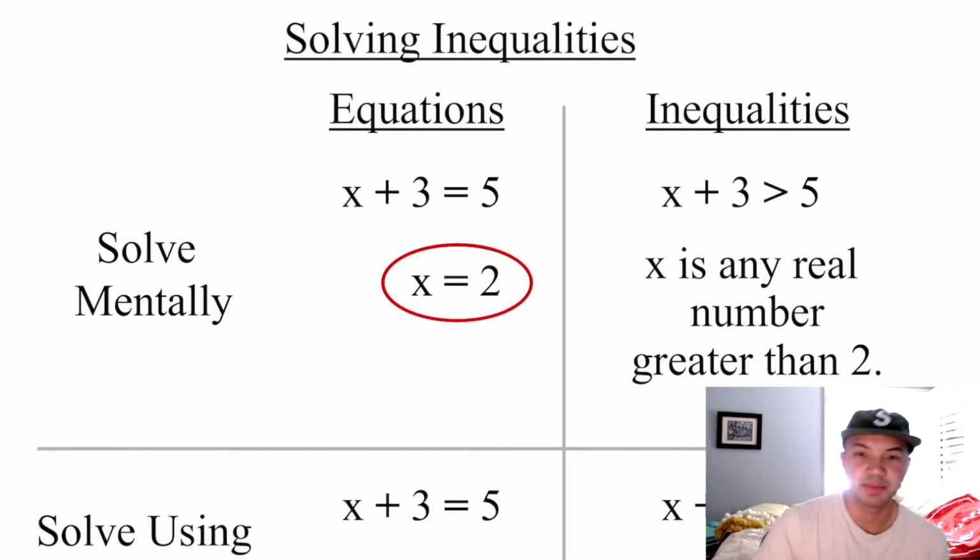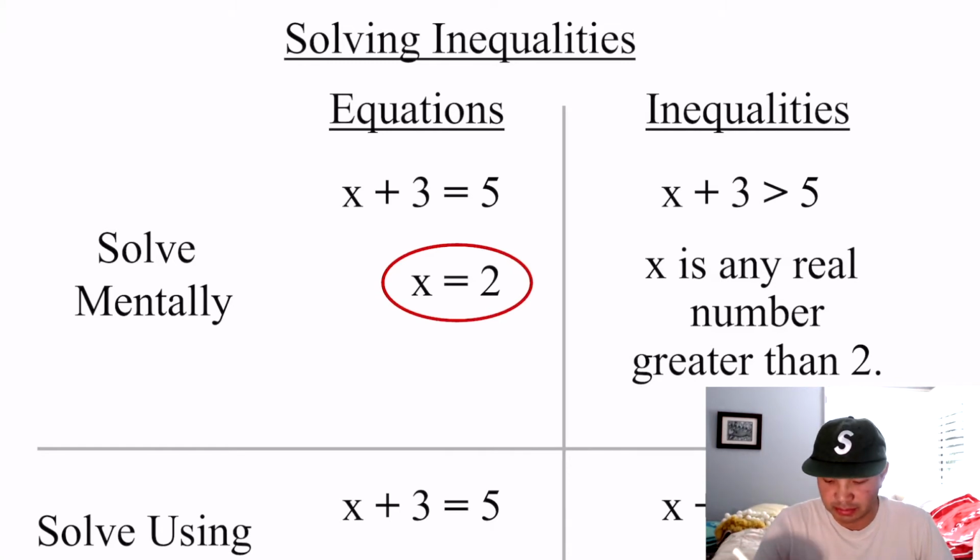A lot of times maybe that's not what you automatically think of when you're doing this, but x is any number, so it could be 2.5, it could be 8, it could be 3,792, it could be 2.0001. That's any real number greater than 2.